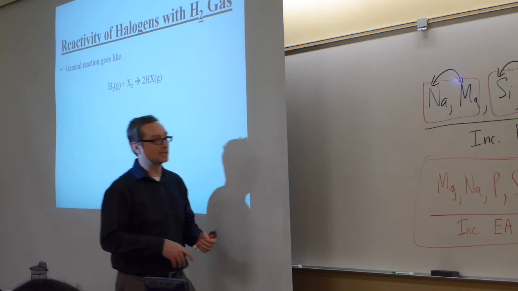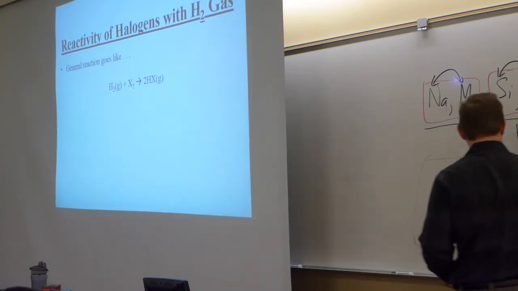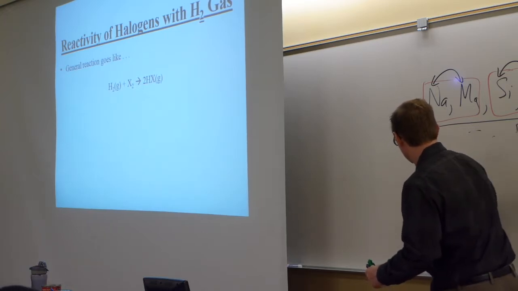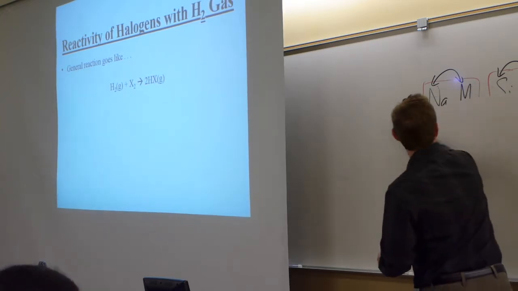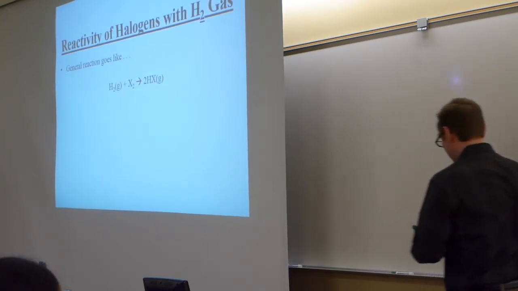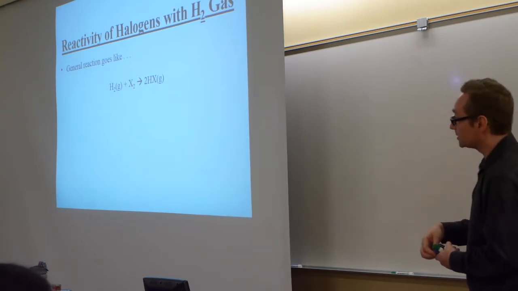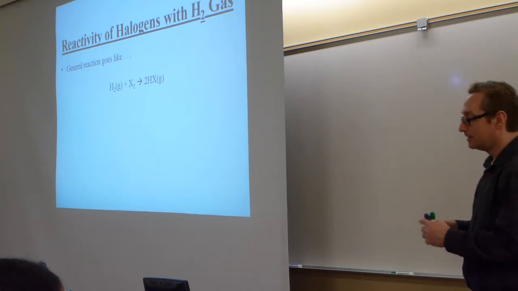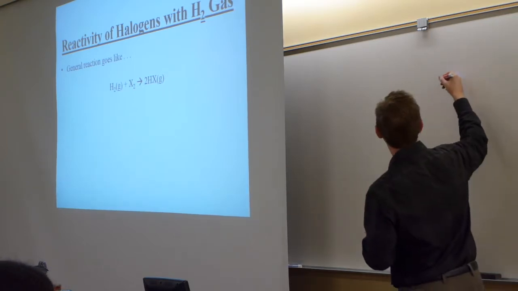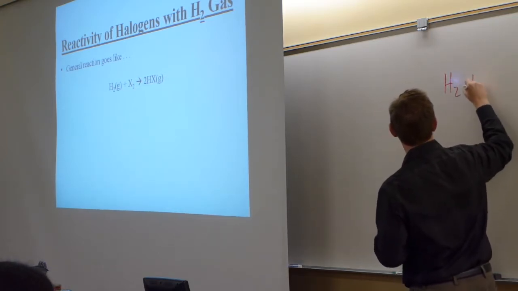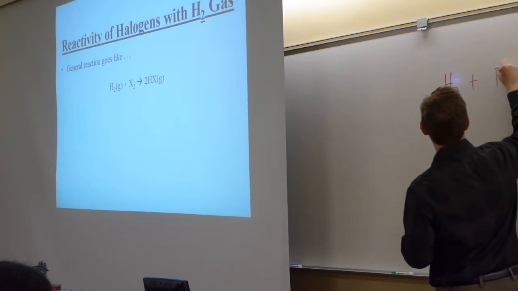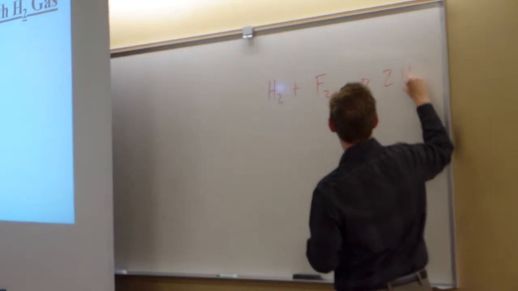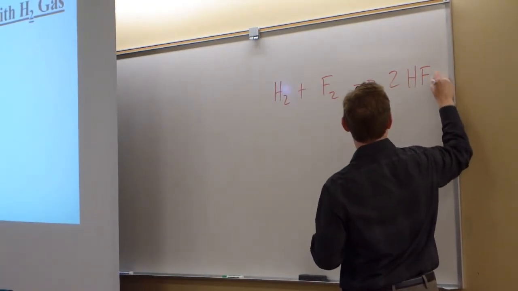So if we look at the oxidation numbers, I really like talking about this stuff because it ties in old ideas with new stuff, okay? So you take hydrogen gas, react it with, say, fluorine gas, and you produce 2 hydrogen fluoride gas.